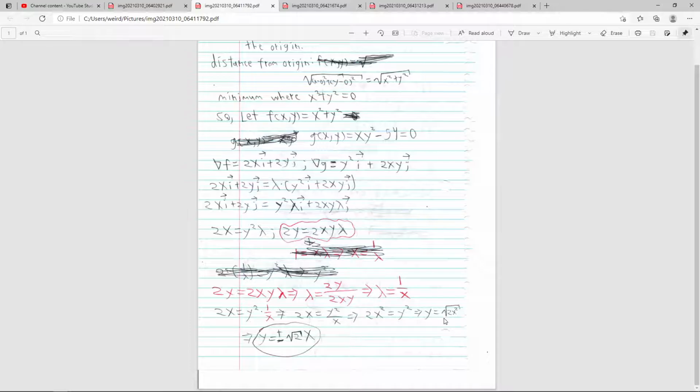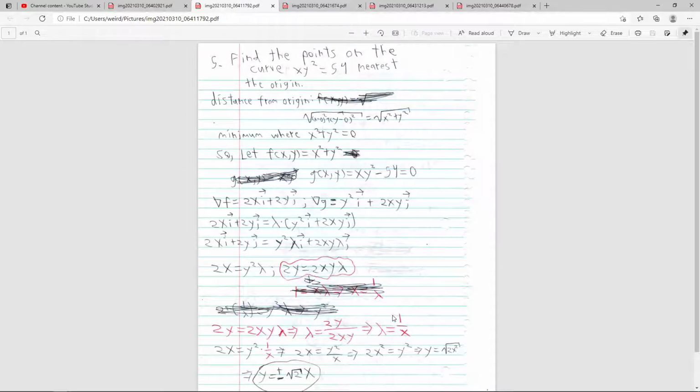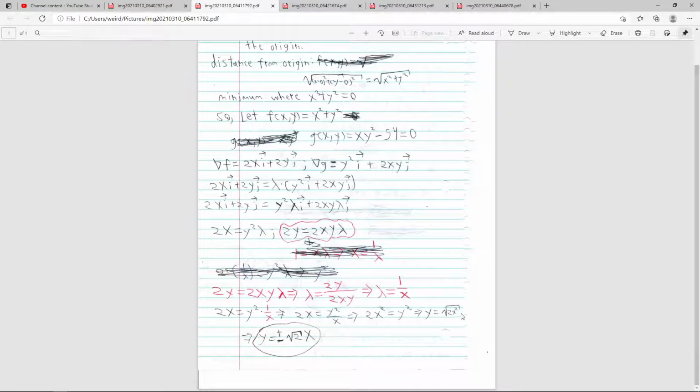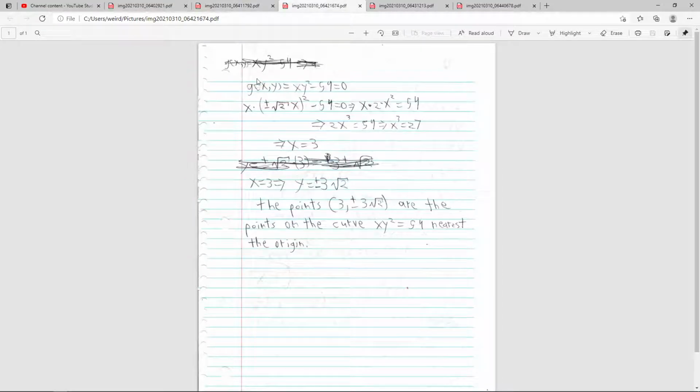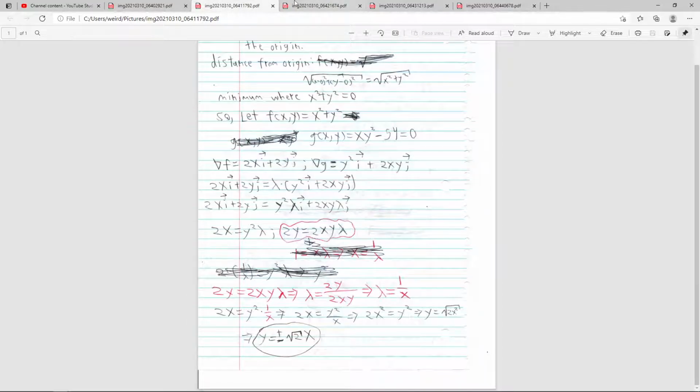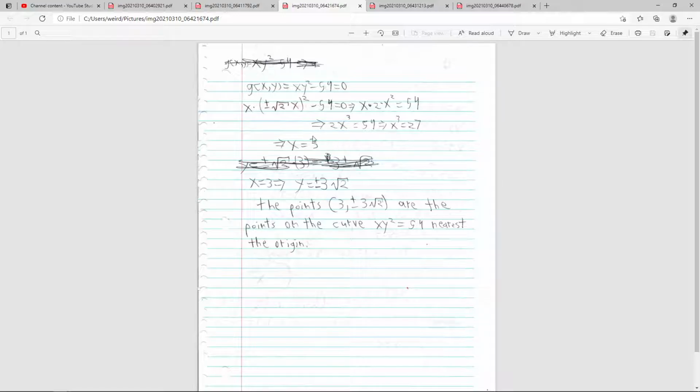You solve it and get y equals plus or minus the square root of 2x times x, and the sign won't matter because we're going to square. So we get x times 2 times x squared equals 54. 2x cubed equals 54, x cubed equals 27, so x equals 3. So x equals 3 implies that y equals plus or minus 3 square root of 2.